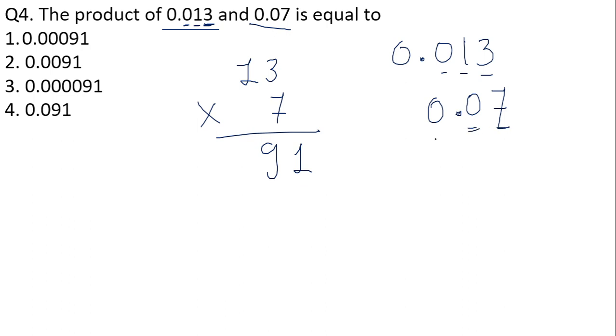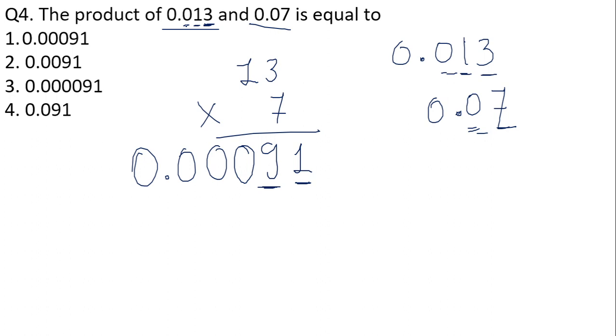So what you are going to do is add the decimal point after 5 digits: 1, 2, 3, 4, 5. It means this is the first digit, this is the second digit, and we are going to add zeros here now, 3 zeros. 0.00091 is going to be the product. Why?